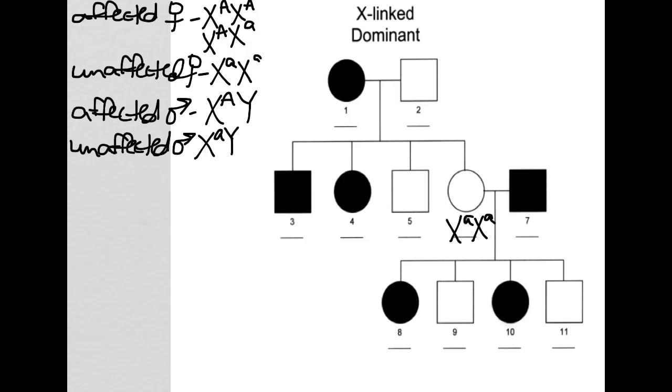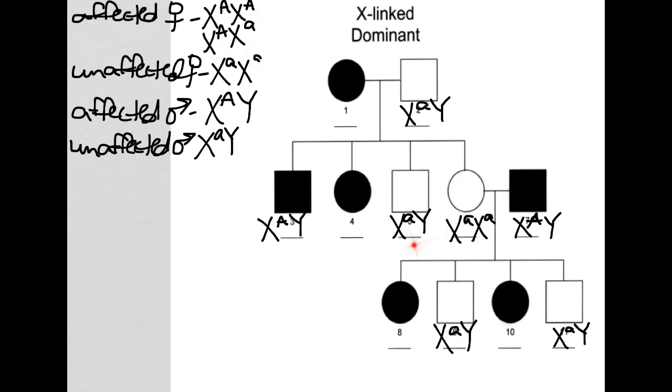And now for the males, we know that all affected males have to have the genotype X big A, Y. Now unaffected males have to be the genotype X little a, Y. Okay, so now all that we're left with are our affected females that could be of genotype either X big A, X big A, or X big A, X little a.